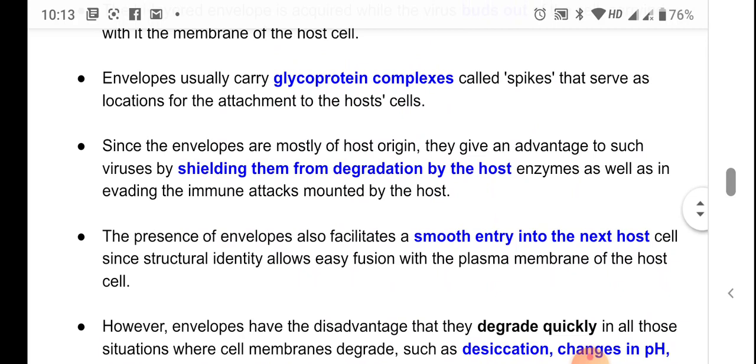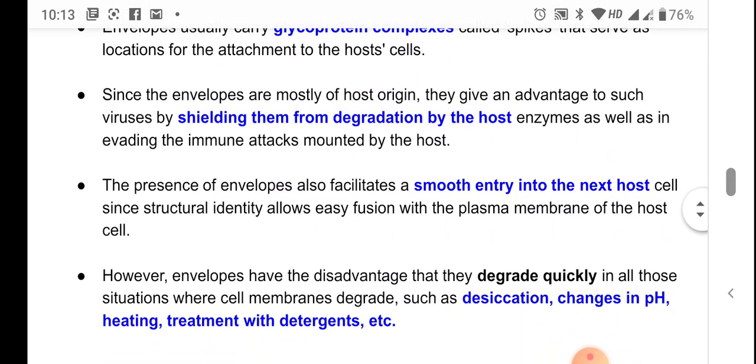That's how this virus evades the immune system of the host. Also, the presence of the envelope facilitates smooth entry into the host cell. It can very easily fuse into the plasma membrane of the host cell.